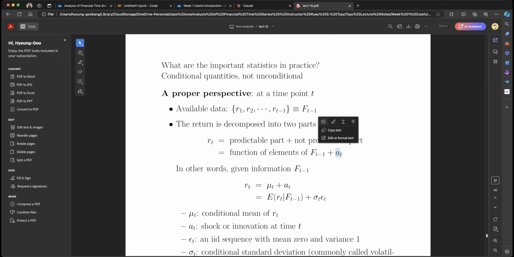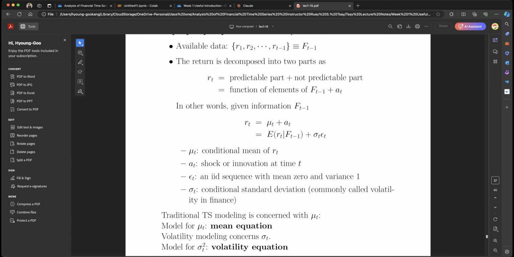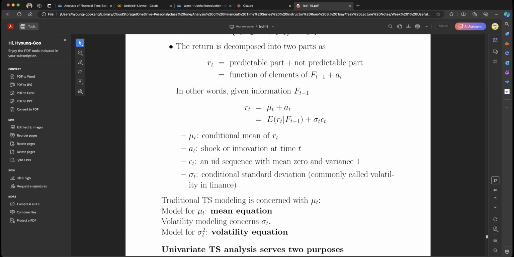Therefore, in other words, given the information F_{t-1}, which is the history of r up to t minus 1, then r_t is mu_t plus a_t, where mu_t is the conditional expectation of r_t given F_{t-1}, and a_t is sigma_t epsilon_t. Mu_t is the conditional mean of r_t, a_t is a shock or innovation at time t, and epsilon_t is i.i.d. with mean 0 and variance 1, so it is like a normalized term. Sigma_t is the conditional standard deviation, commonly called volatility in finance.